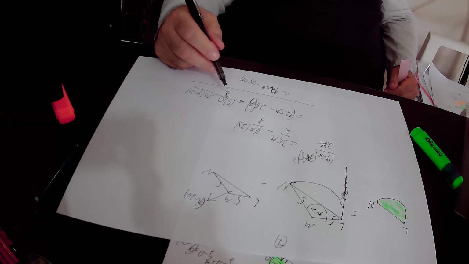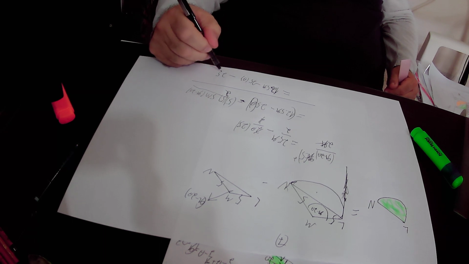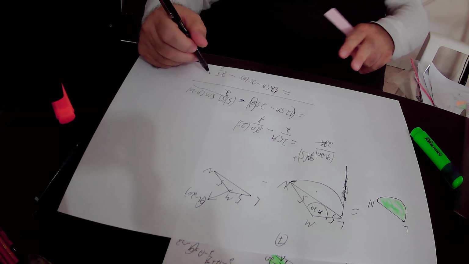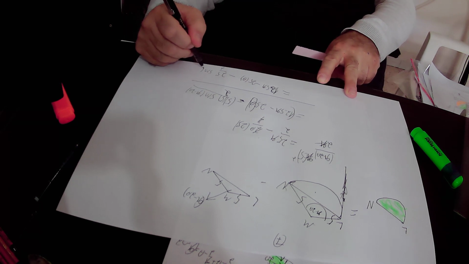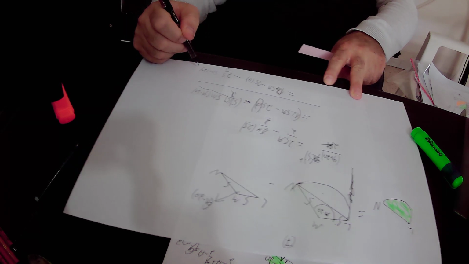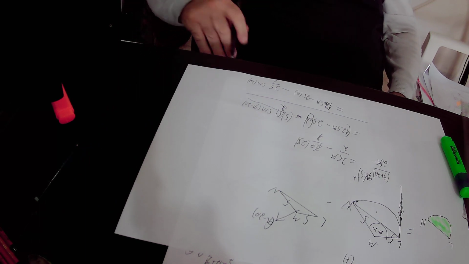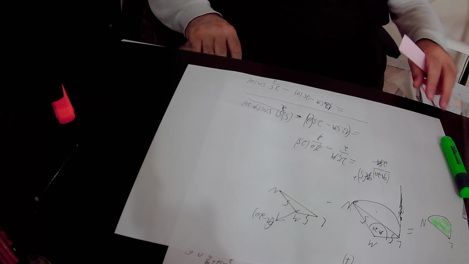Here 5 times 5 is 25 over 2 sine of pi minus 2 theta, which equals sine of 2 theta, and we have already found out that sine of 2 theta equals 4/5.